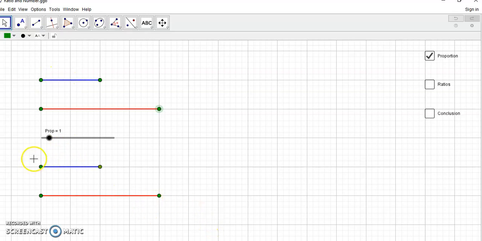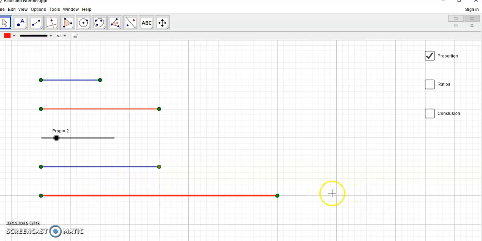And in geometry, it doesn't matter how many different ratios you have. They're in proportion, but they're not equal unless both their antecedent parts and their consequent parts are equal. So this ratio is in proportion to this ratio here, because this blue line is to this blue line as this red line is to this red line.